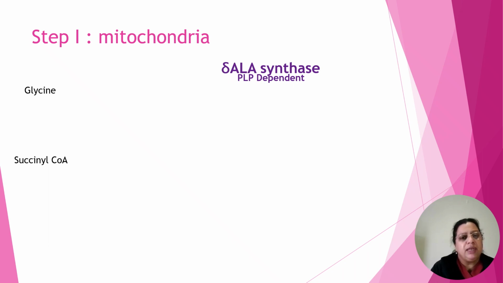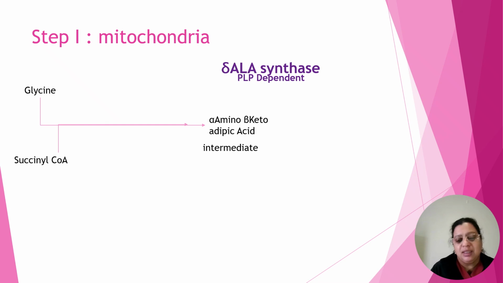So in the presence of delta ALA synthase in the mitochondria, glycine and succinyl-CoA combine to form a product known as alpha amino beta keto adipic acid. Now remember that alpha amino beta keto adipic acid is an intermediate, and while this is being formed, one molecule of coenzyme A and one carbon dioxide molecule is eliminated.